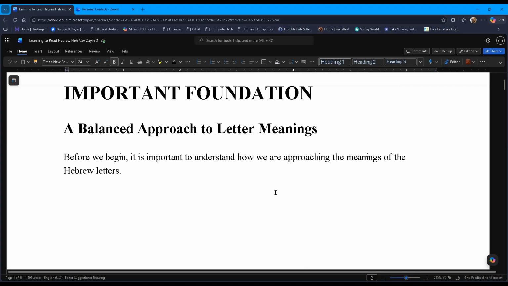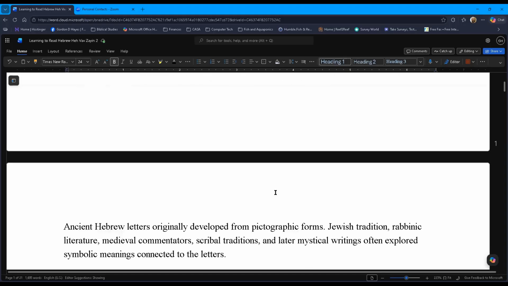Before we begin, it's important to understand how we are approaching the meanings of the Hebrew letters.